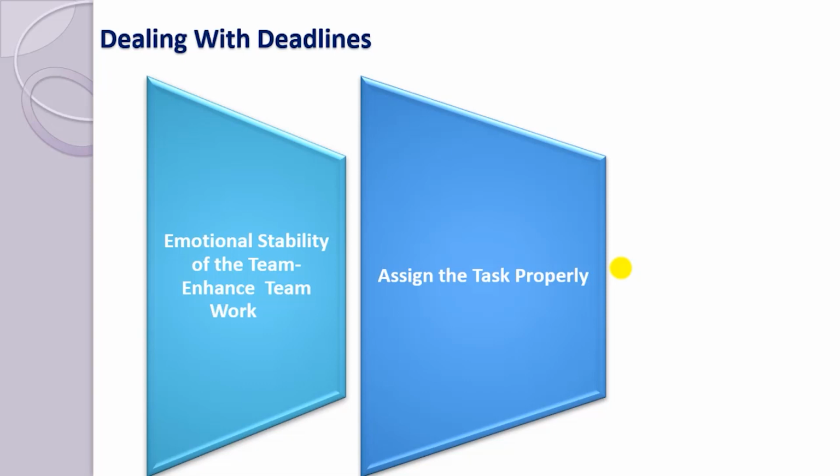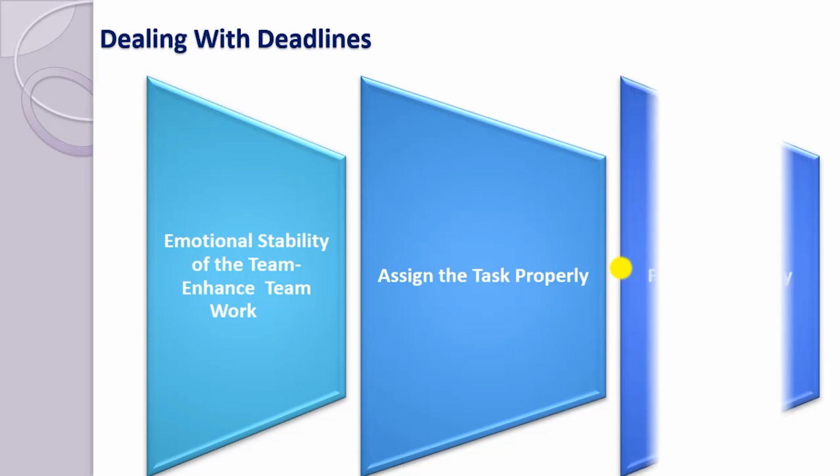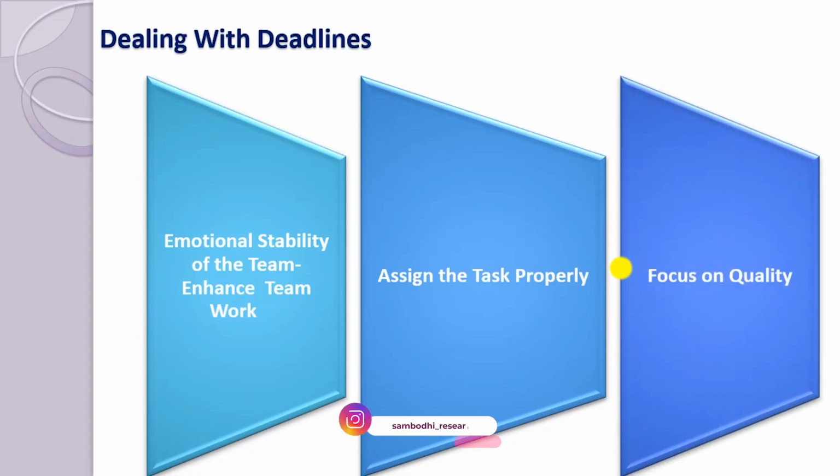But ideally it never happens because you have to build the team, and there are various stages that a team goes through. When it is a new team, they don't gel with each other in one shot and start working. So there are various efforts that project managers have to put in. Then definitely, whenever the deadline is given by the customer, project managers lose focus on quality.